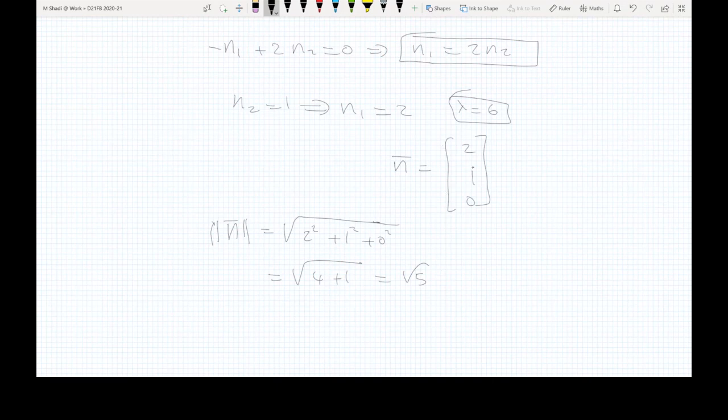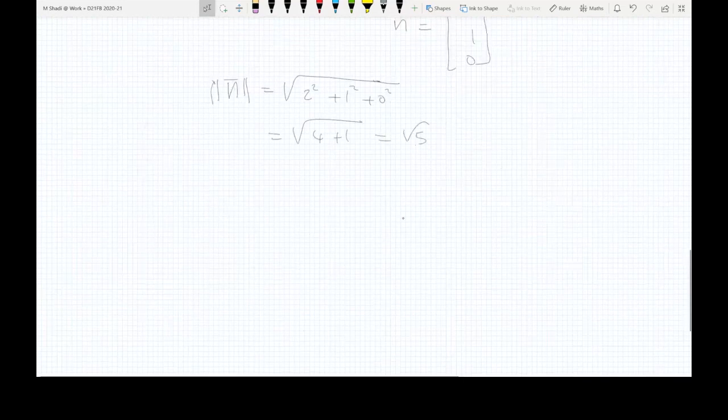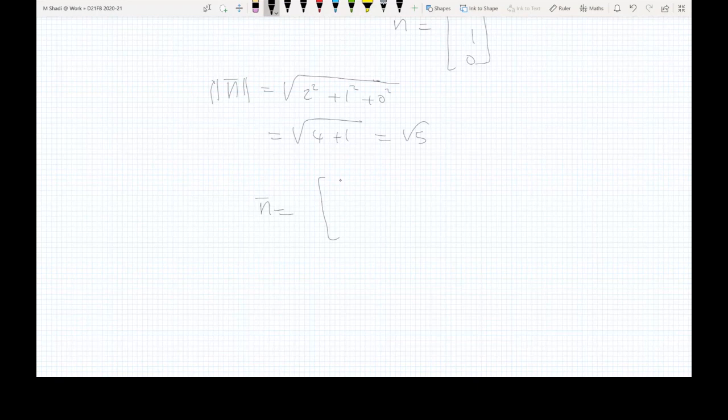So in order to get a unique vector, just normalize, divide by the square root of 5. All right, so if you divide by the square root of 5, you get n to be 2 divided by square root of 5, 1 divided by square root of 5, and 0. And this is the eigenvector which corresponds to lambda equal to 6.